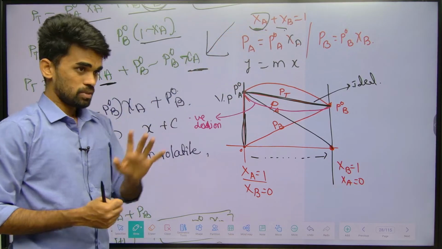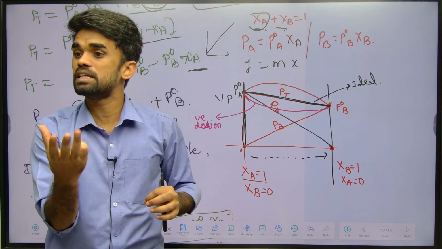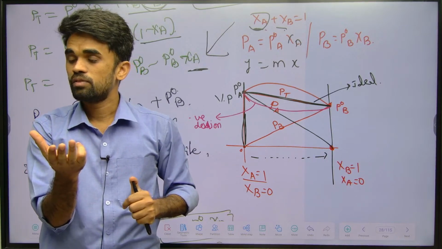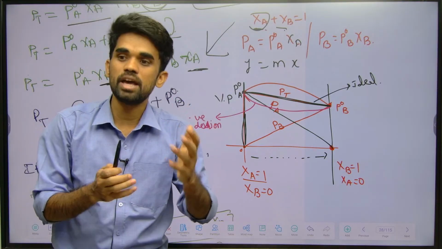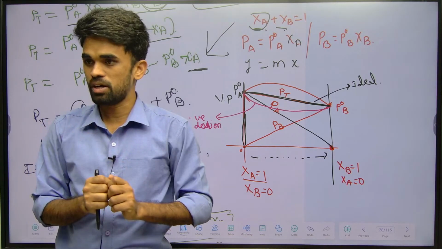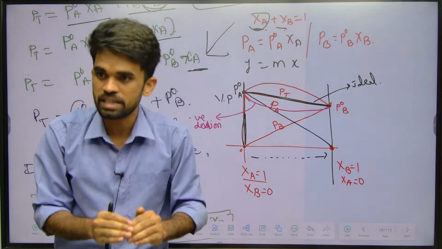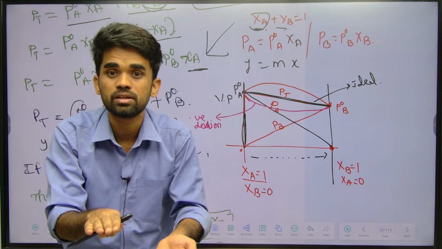Again, yesterday I told you, positive deviation means, what happens to intermolecular forces after mixing? When I say positive deviation, intermolecular forces decrease. Intermolecular forces decreasing means what happens to vapor pressure?